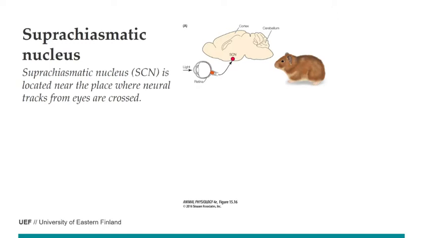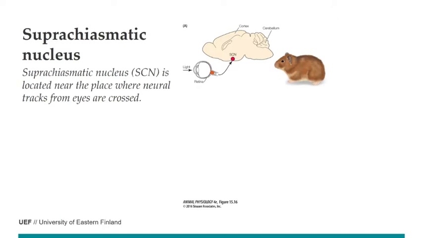Behind your eyes, there go white tracts where neurons are going to the central nervous system, and they cross in the place called the optic chiasma. Above this optic chiasma, there's the suprachiasmatic nucleus, a very small one, and it's understandable that some information from the eyes goes easily to this place.